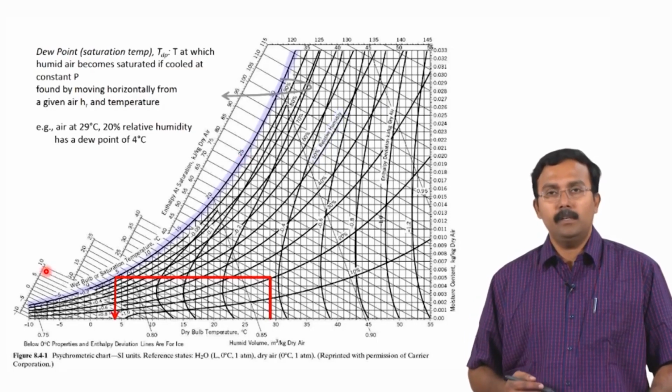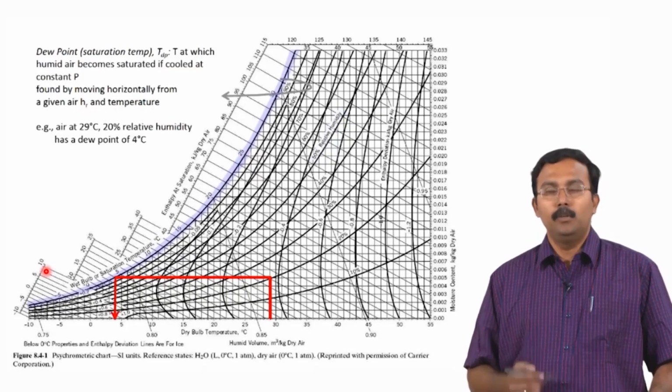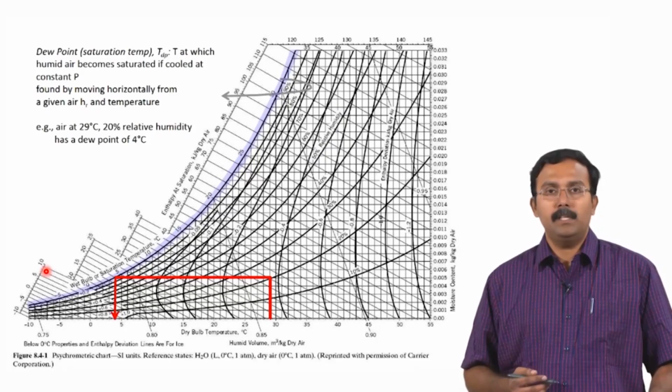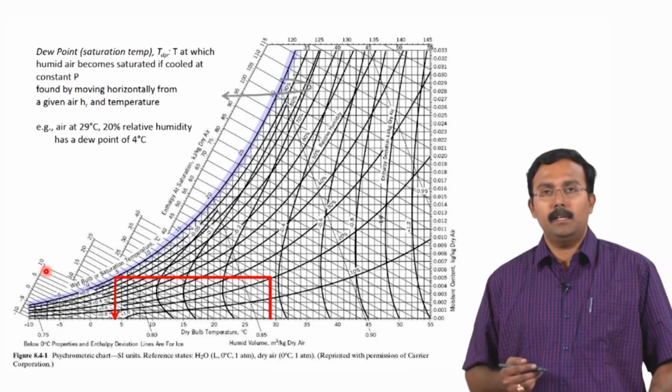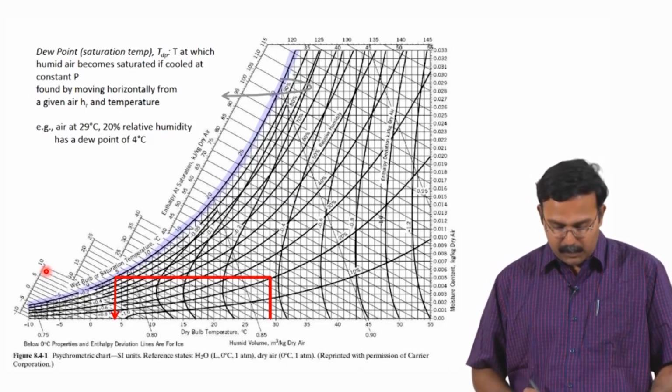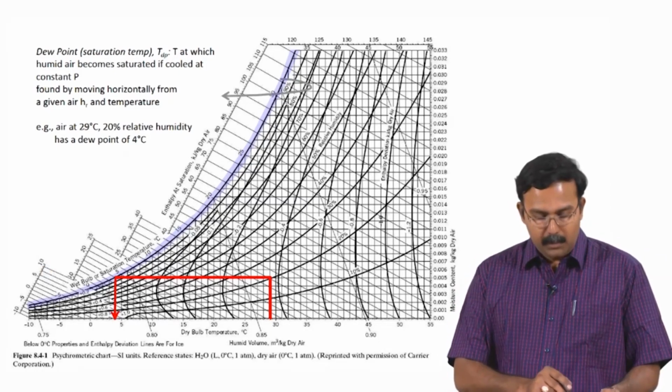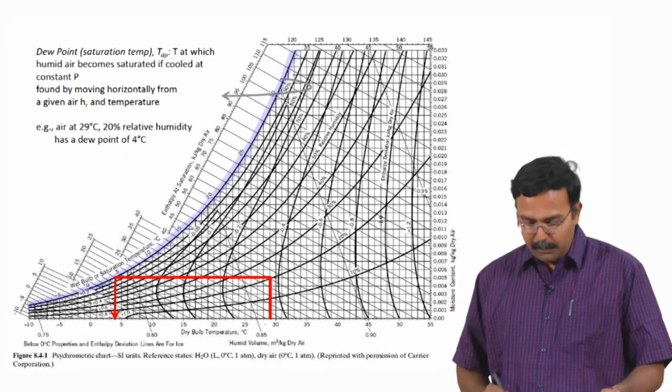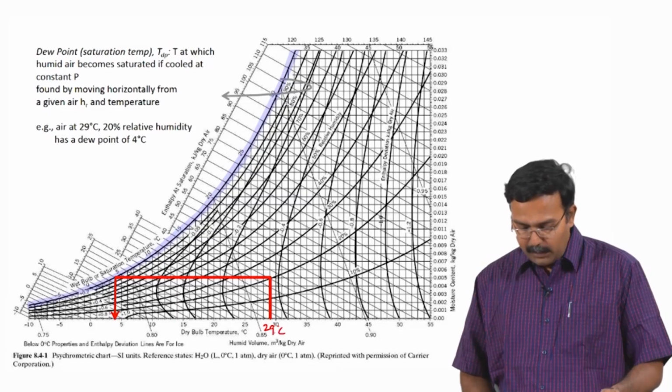The next information you can get from this is dew point. Dew point, or saturation temperature, is the temperature at which humid air becomes saturated if cooled at constant pressure. This is basically found like this. Take the example here, which is 29 degrees Celsius and 20% relative humidity. So, this is 29 degrees Celsius.